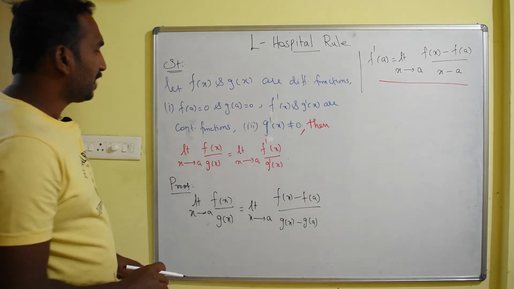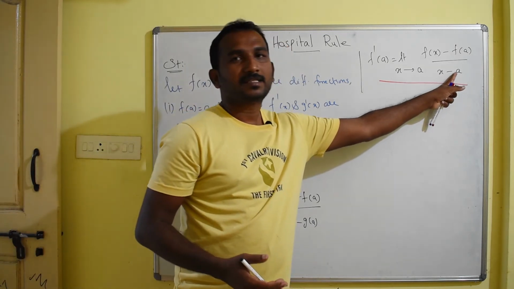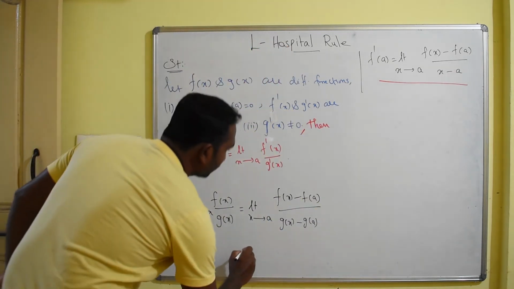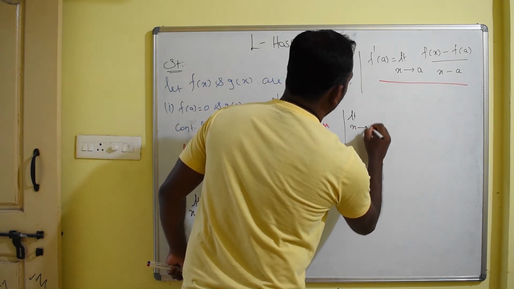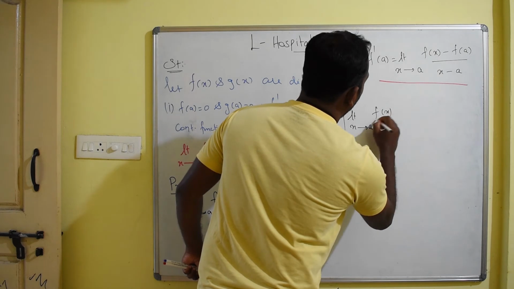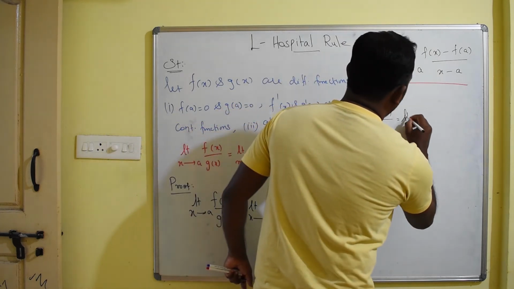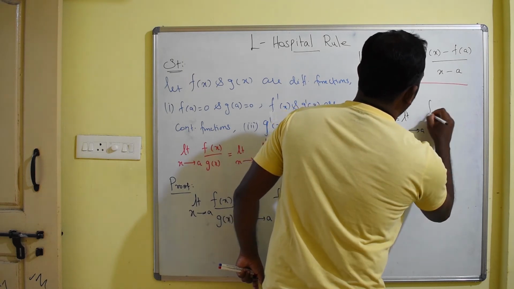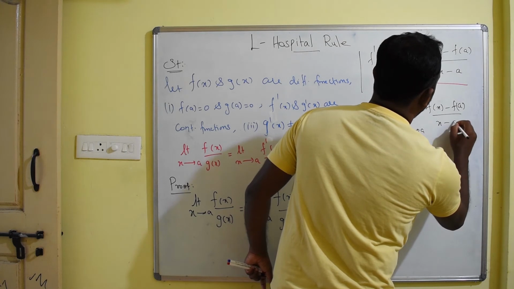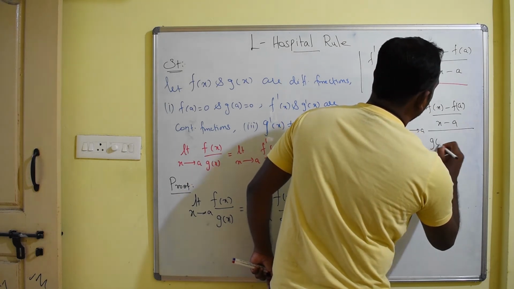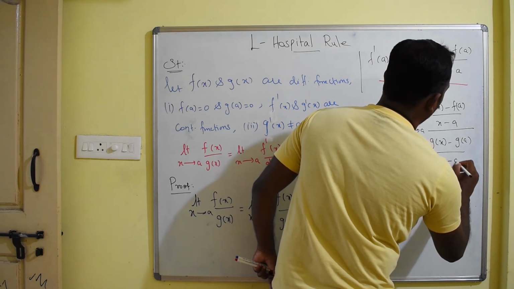Now the same thing, I'm going to divide both the sides by x minus a. So what we'll get? This will give limit x tends to a, f of x divided by g of x is equal to limit x tends to a, f of x minus f of a divided by x minus a, and whole divided by g of x minus g of a divided by x minus a.